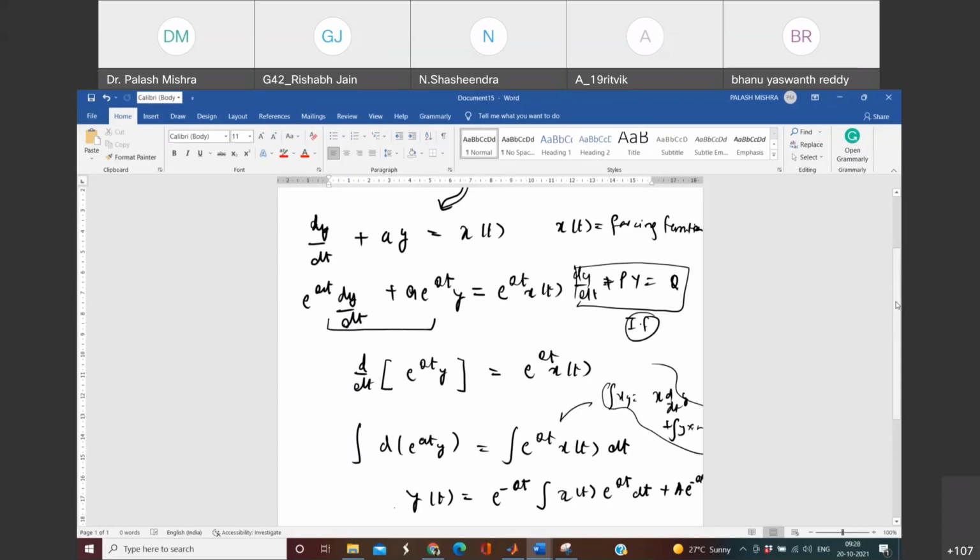So can you see anything here, any conclusions you can draw by seeing this equation? I'm just making it on the other slide.